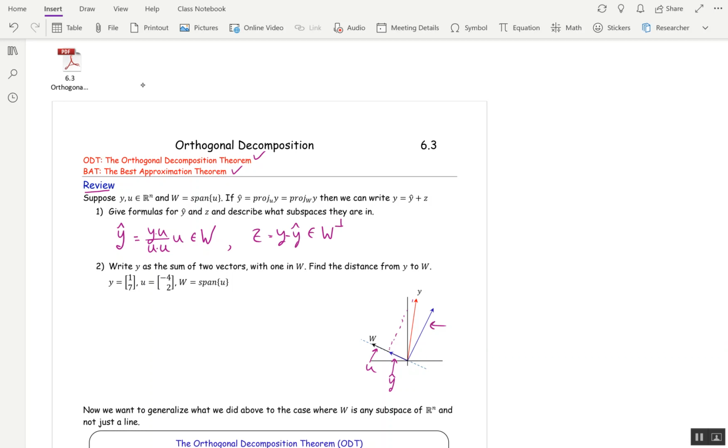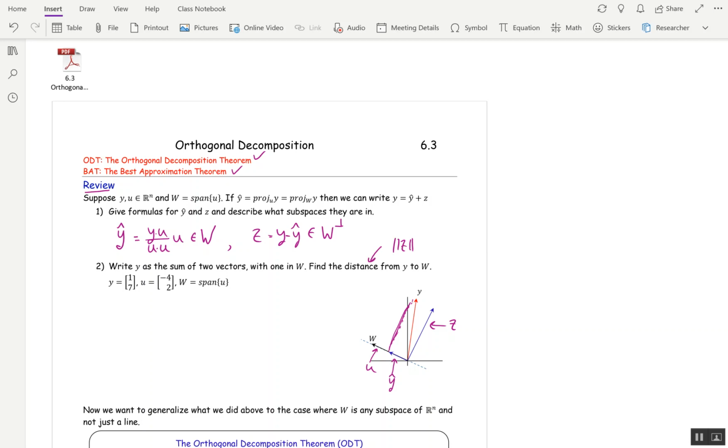So this would be our z. And y hat and z are perpendicular, and their sum is equal to y. And the length of this piece here, that's what we call the distance from y to W, and that's simply the length of z. So the distance is going to be the length of z.